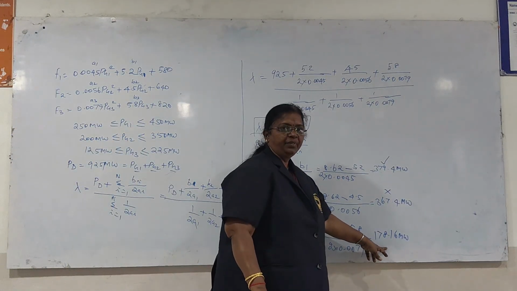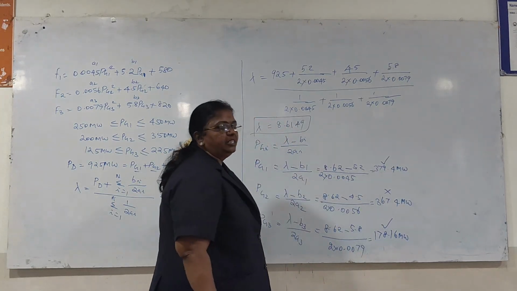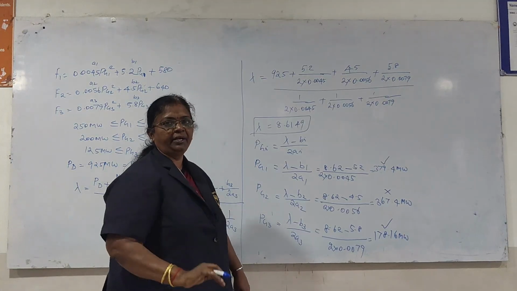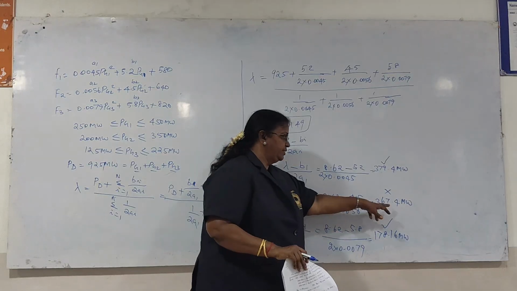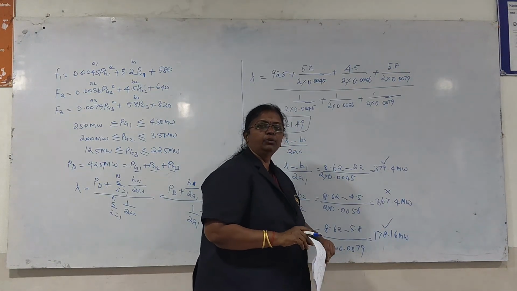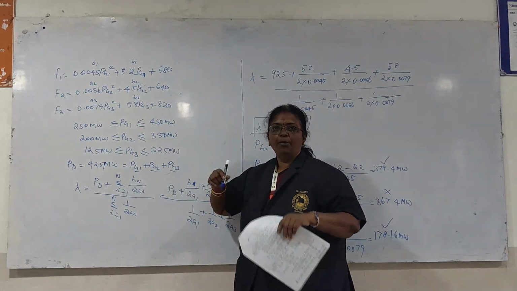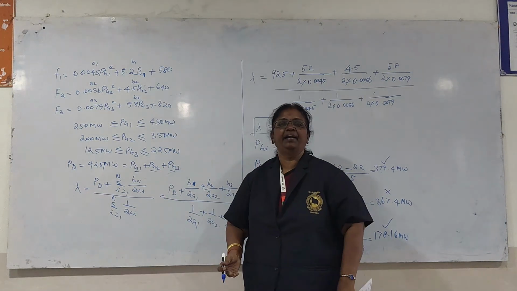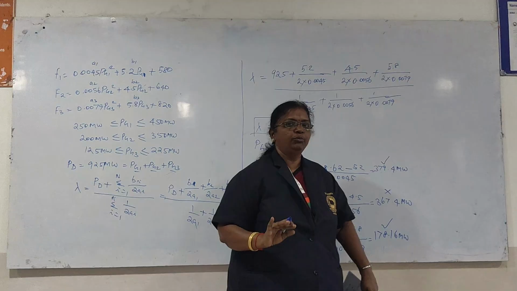So obviously this is within the limit. So Pg1 and Pg3 are accepted. But Pg2 exceeds the maximum value. What is the maximum value? It's given in the problem: 350. Above 350, the generator cannot generate, for this particular cost equation. So what do we have to do now?